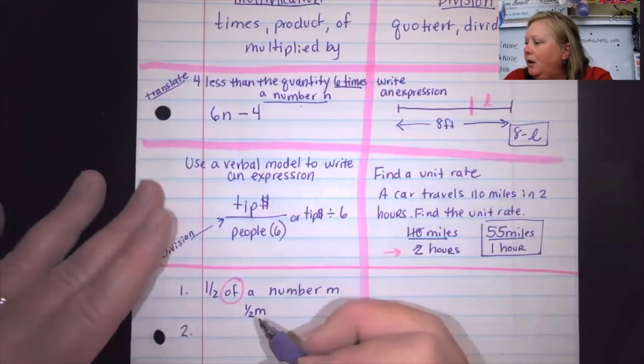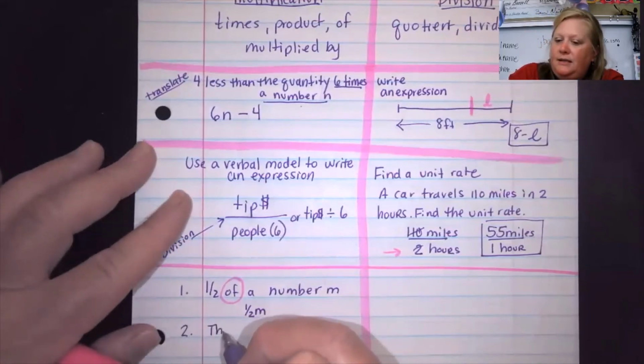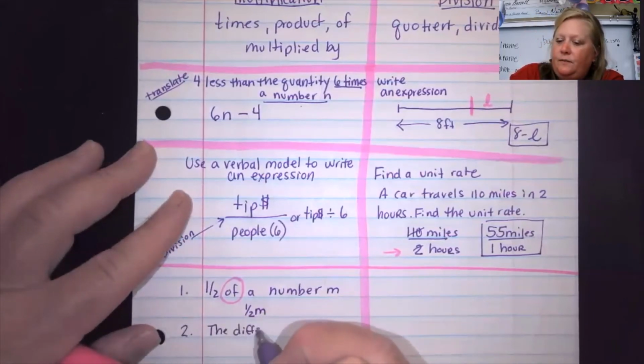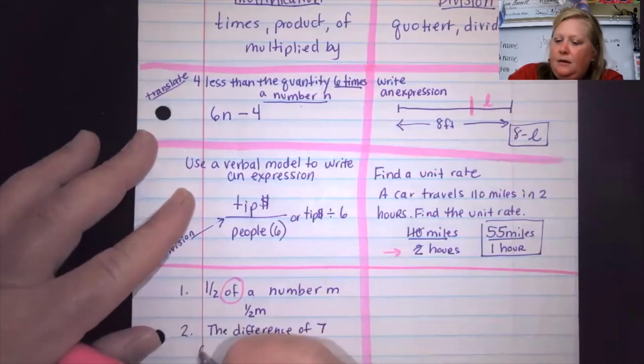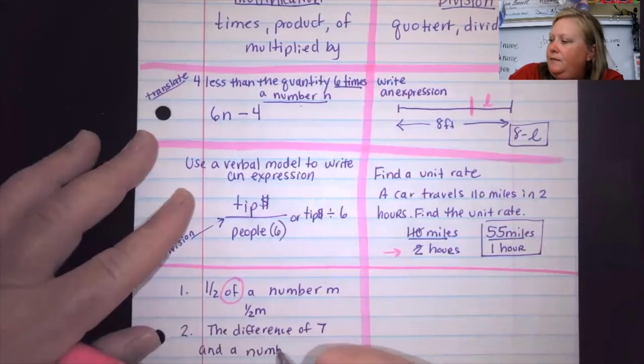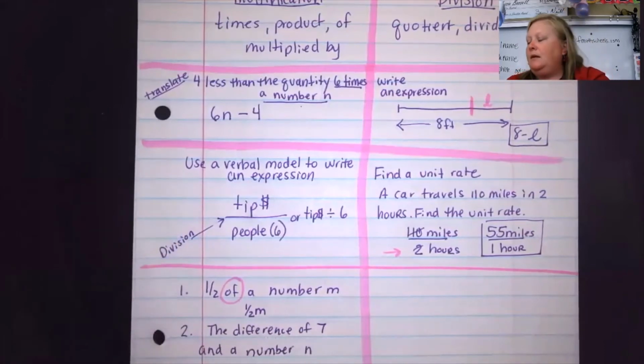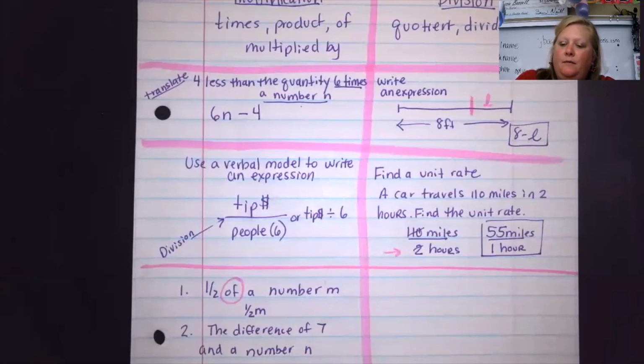Number 2, here we go. The difference of 7 and a number n. Well, difference just means subtraction in between. Okay?